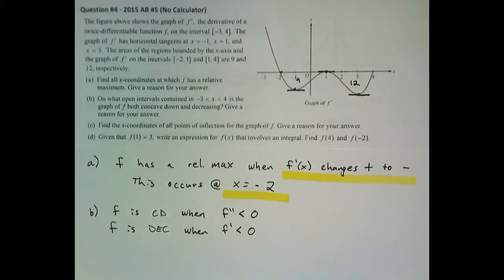So we're looking for the locations where f prime is negative. Well, that's from -2 to 4.